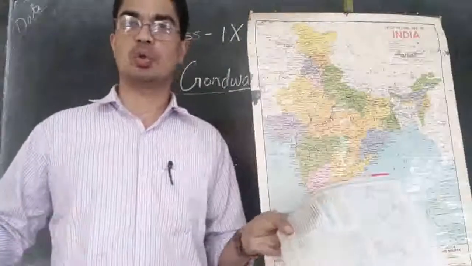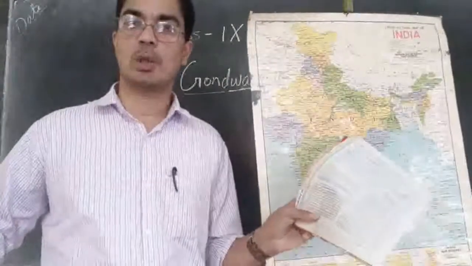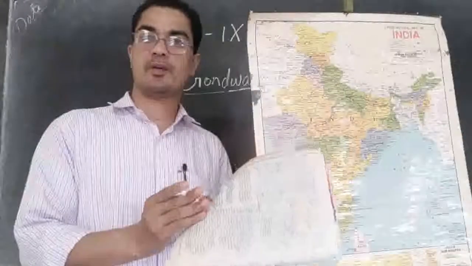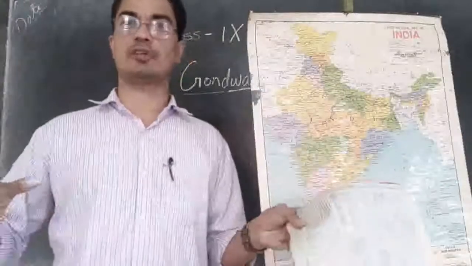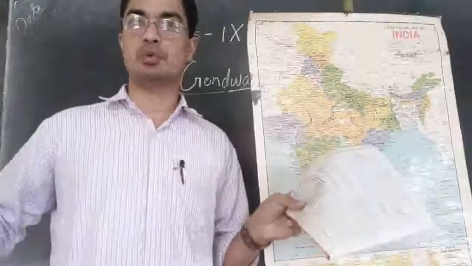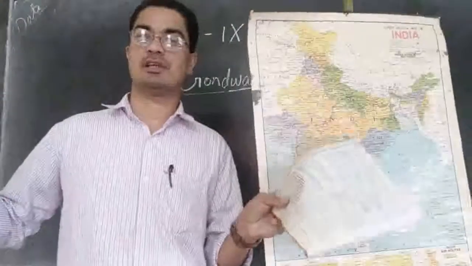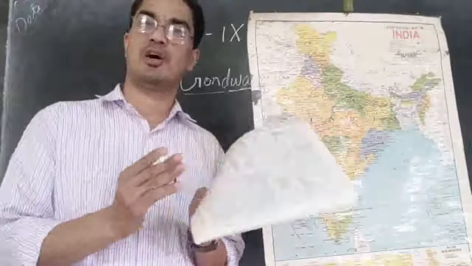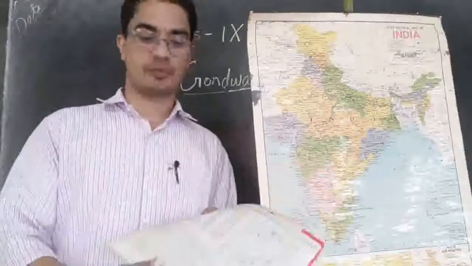So when these two heavy land masses collided, what happened? A lot of sediments were there, a lot of things became powder. Such a huge force. They hit together and a lot of powder, a lot of sediments were there.